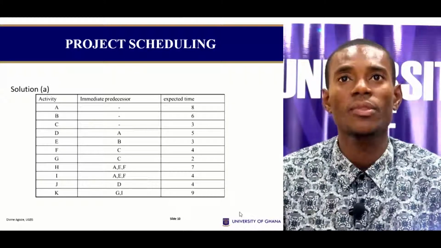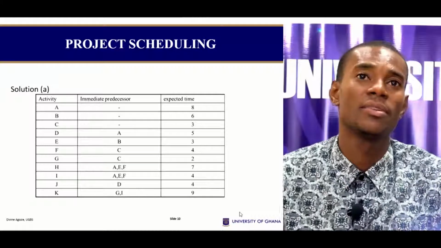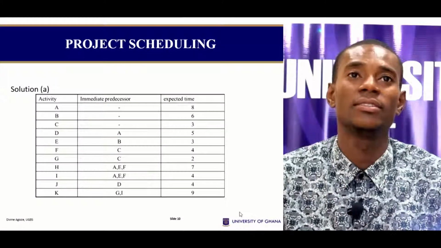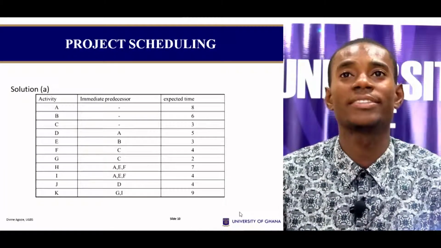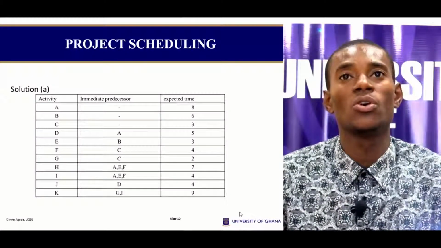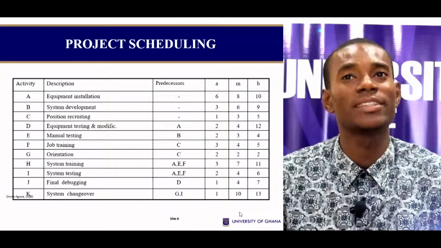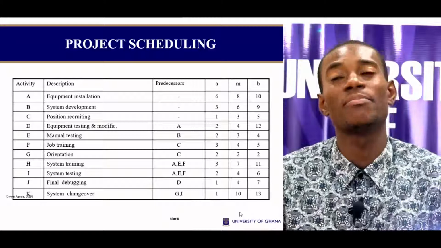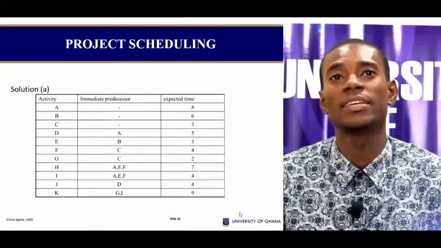Okay, so when I did my expected time for activities A, B, C, D to K, the first one for activity A is 8. What I did is take 6 plus 4 times 8, plus 10, divided by 6, and that gives us 8.